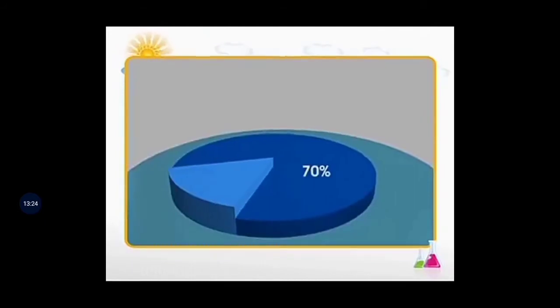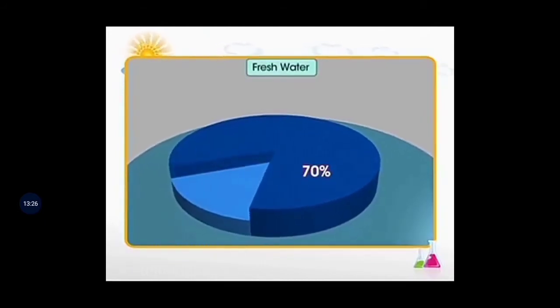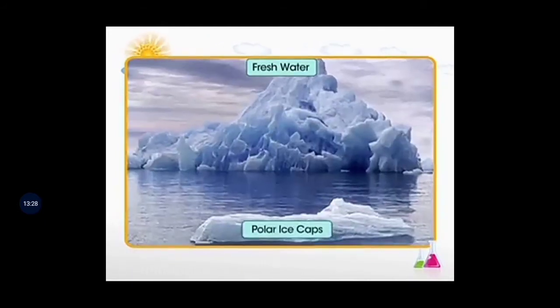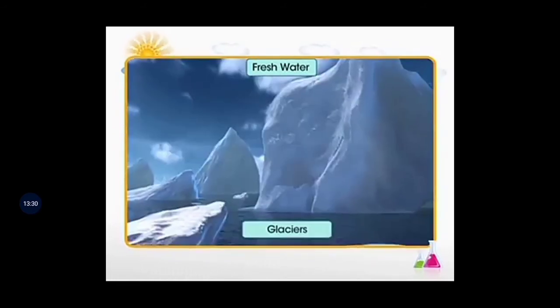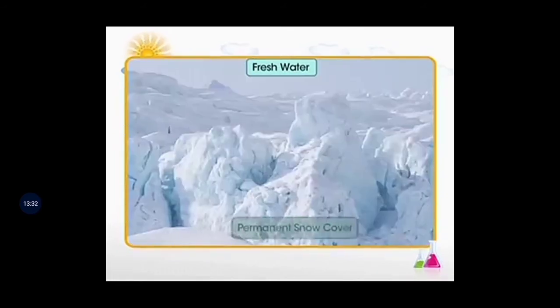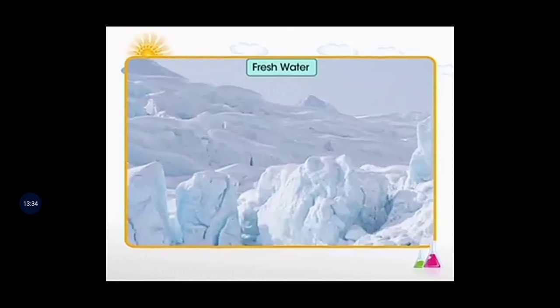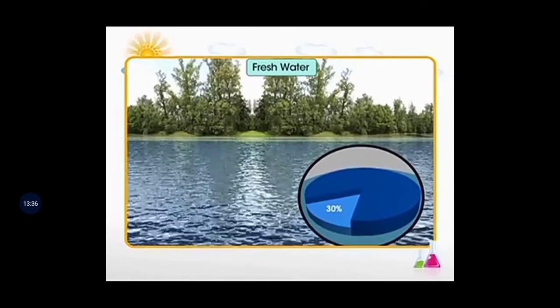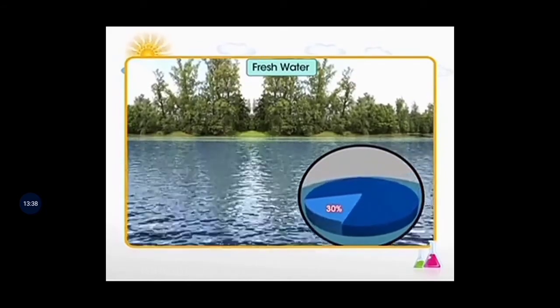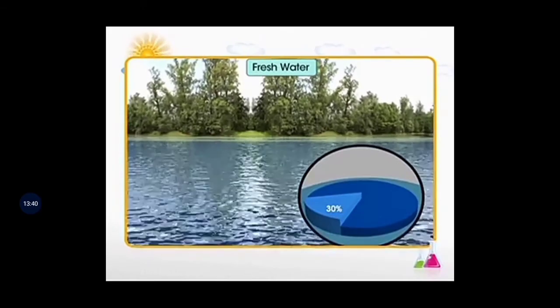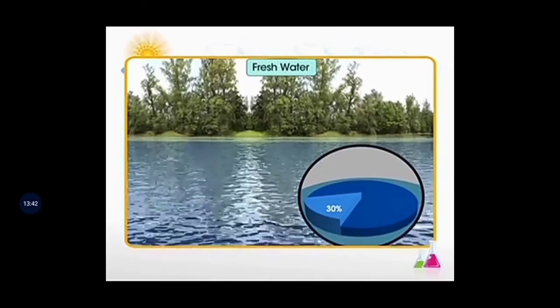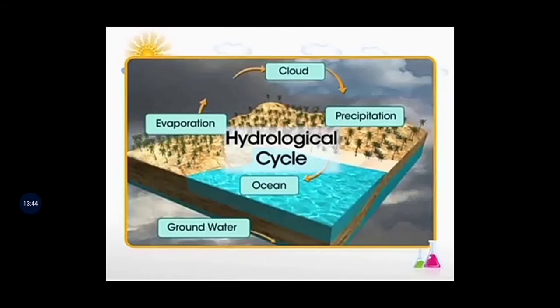Nearly 70% of this fresh water stays frozen in polar ice, glaciers, and permanent snow covers on mountain tops. Thus, only a small proportion, 30% of the total fresh water that exists on Earth, is available for our use. This fresh water appears in the form of surface water and groundwater that is continually being renewed and recharged through the hydrological cycle.